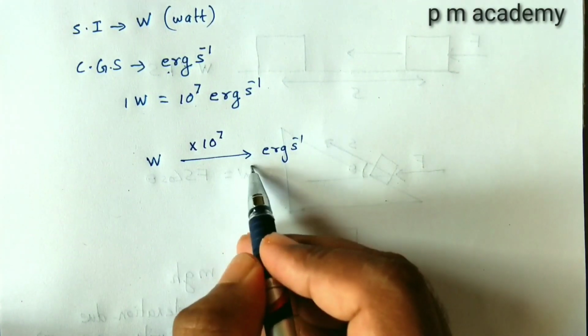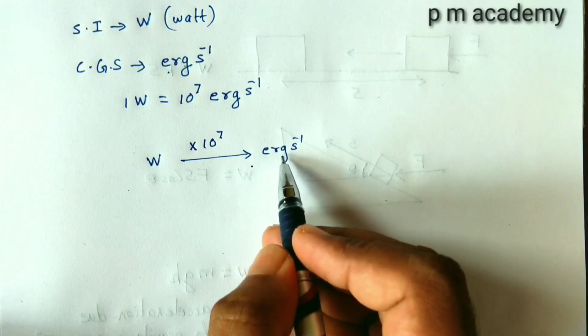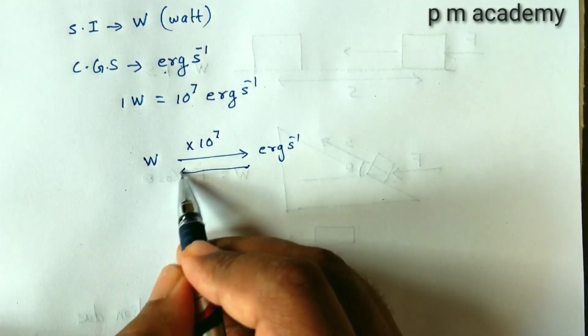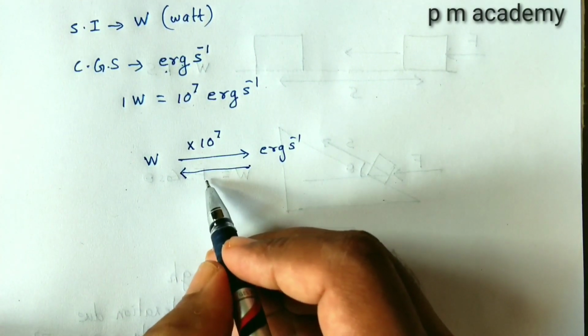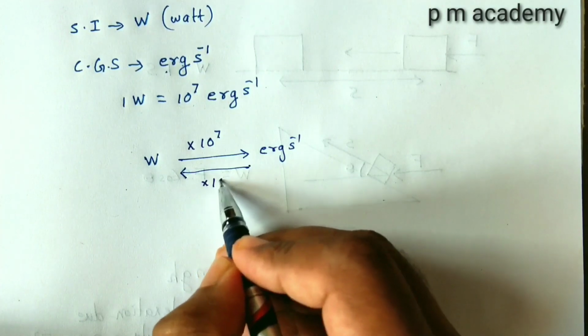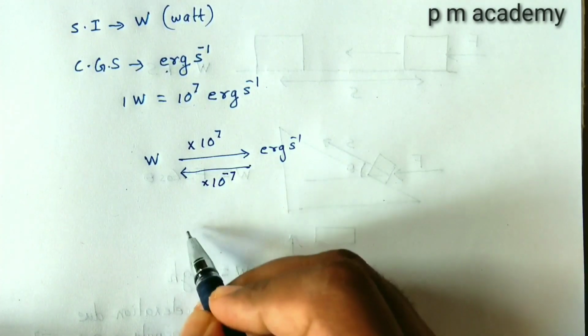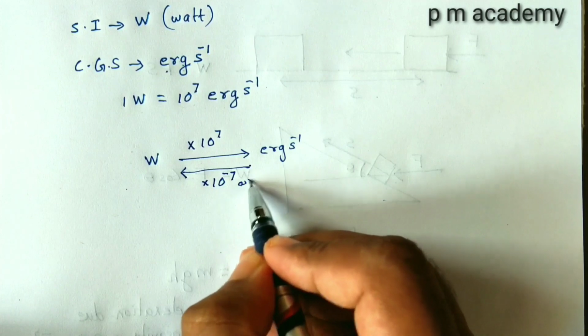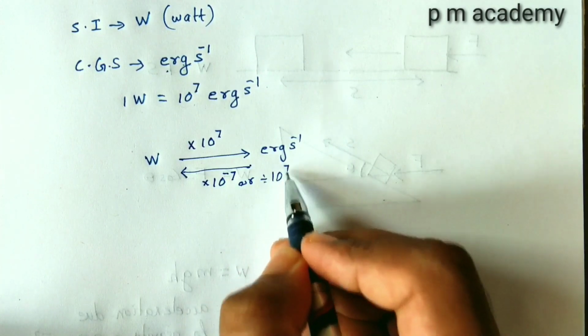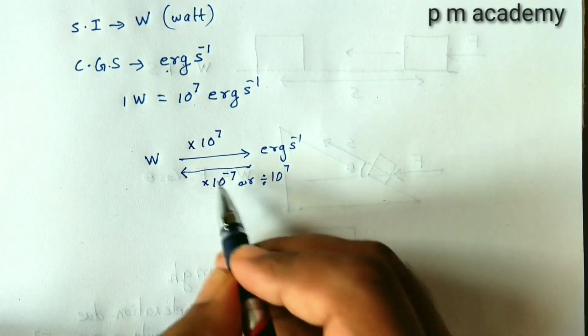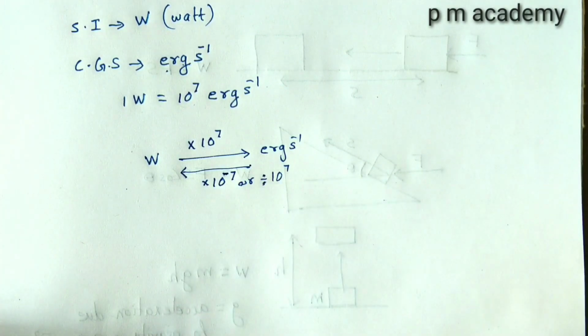To convert CGS unit of power, erg second raised to minus 1, to SI unit of power watt, you have to multiply with 10 raised to minus 7, or you can divide with 10 raised to 7. Dividing by 10 raised to 7 and multiplying by 10 raised to minus 7 are the same.